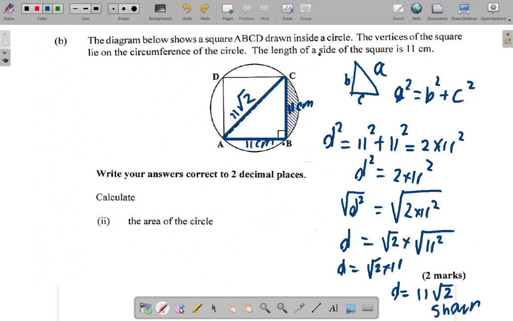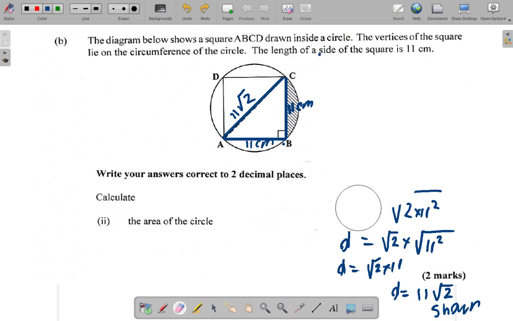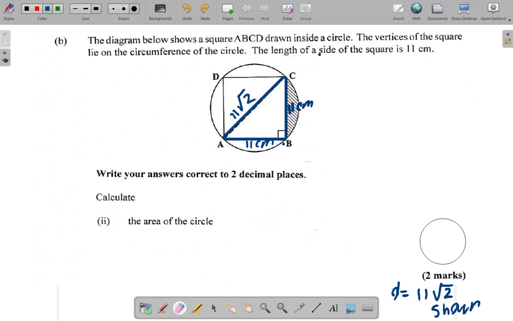Good. And then let's just erase the previous work that we did over here. Alright, nice. So we're ready for the next part of the question.